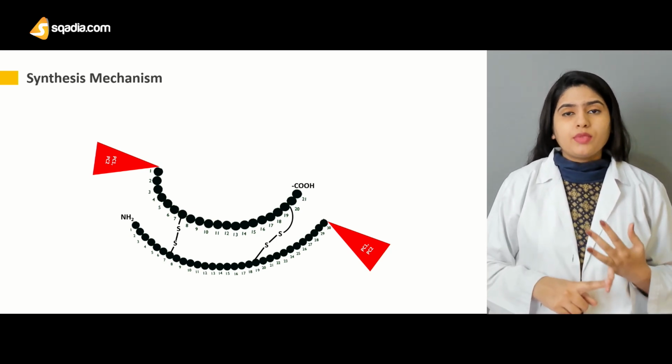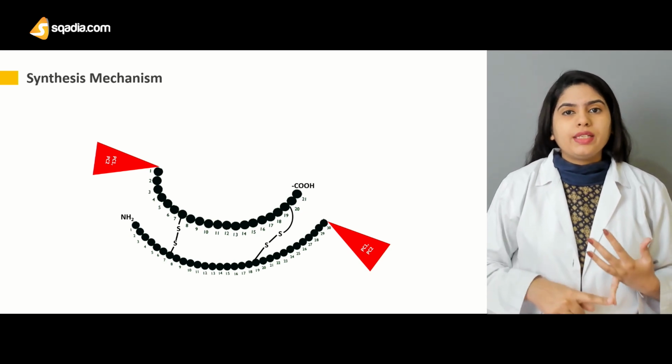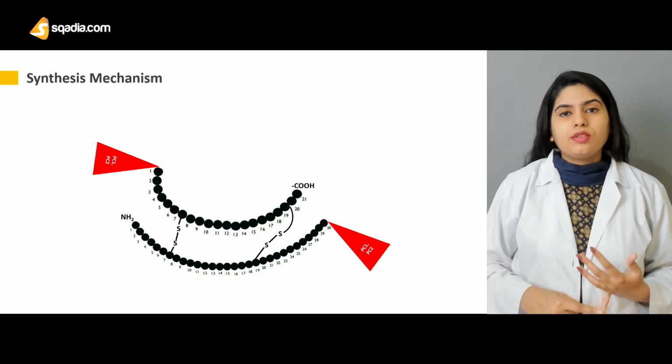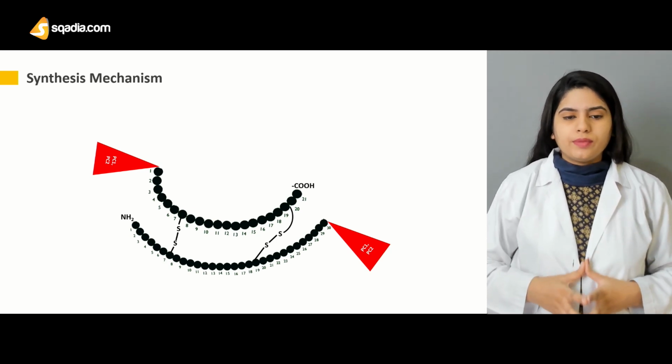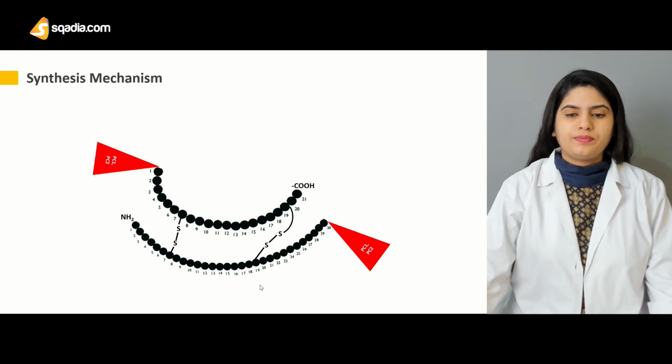So how many enzymes are involved in the maturation of insulin? There are the prohormone convertases and carboxypeptidase E. And this is the final structure of the insulin, or the mature insulin.